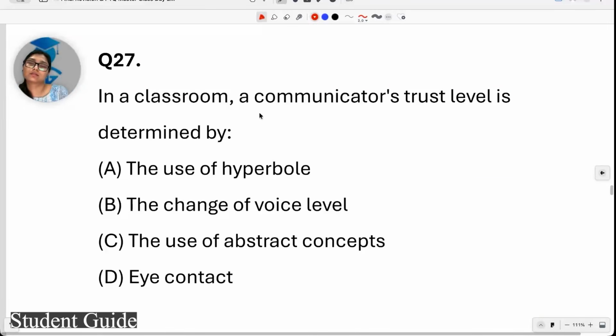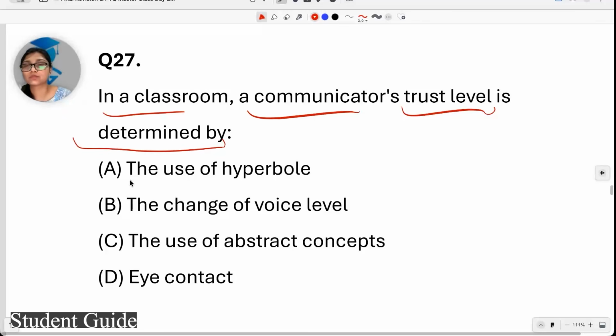Question number 7 for today's session is asking: in a classroom, a communicator's trust level is determined by what? Quickly checking the options. The first option is the use of hyperbole.